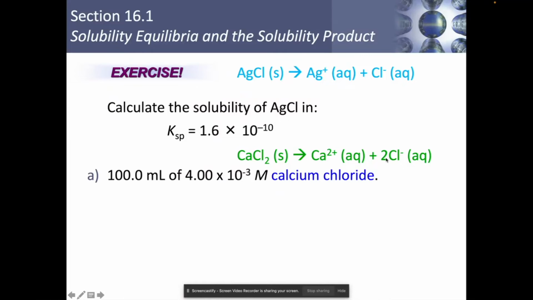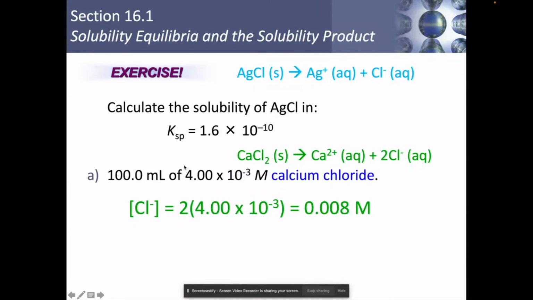So that immediately lets me know, okay, there's going to be something I'm going to need to do. And that would be, take a look at this. It's telling me the molarity of calcium chloride. I can use that information to inform what my X value is going to be in my solubility product for my Cl. And so how do I do that? Well, remember, I'm going to have double.